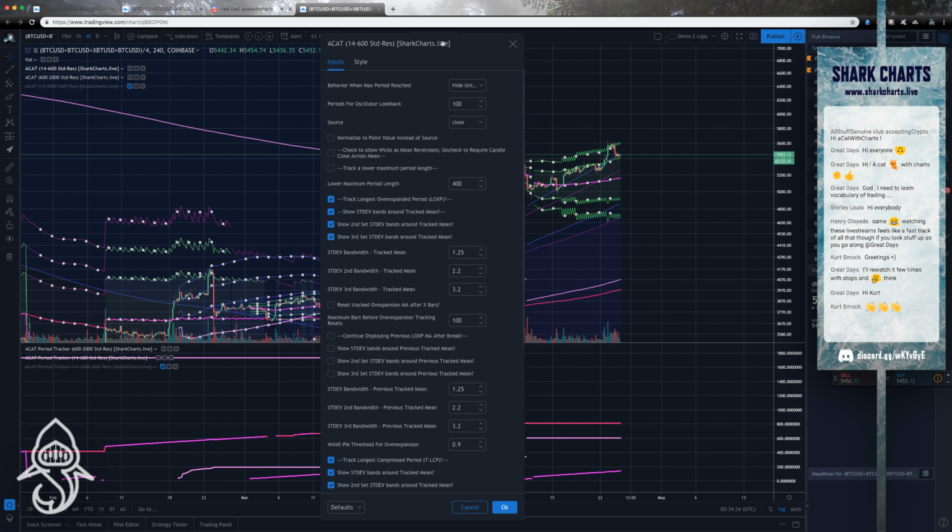Right, and if this is a bit too much for all of you watching, think about it like this. We are normalizing overbought and oversold values by using volatility overhead. So extreme values that are in the 99.7th percentile, the third standard deviation, right?